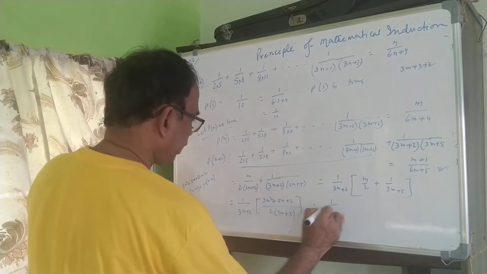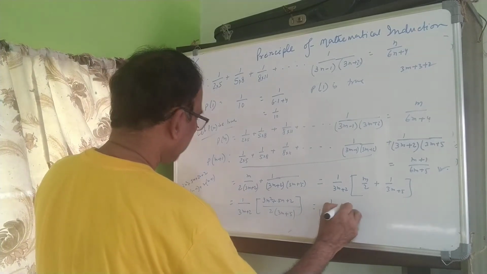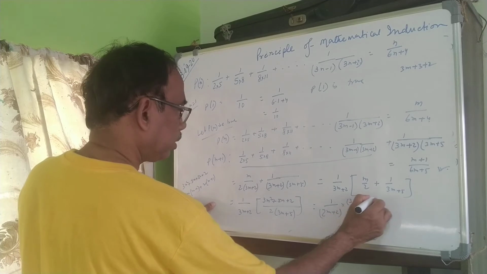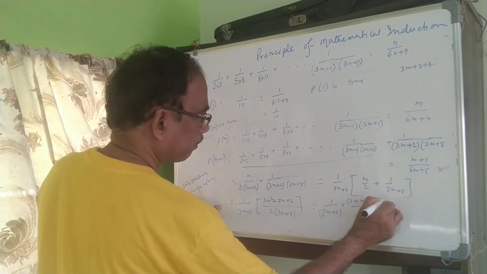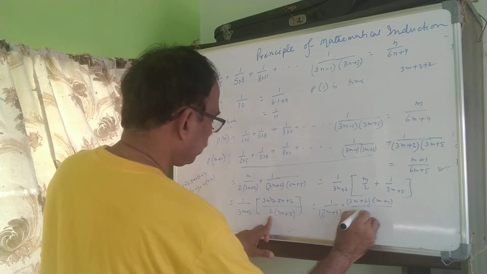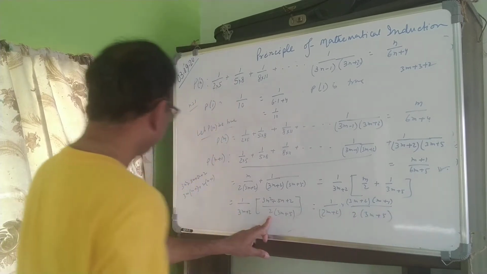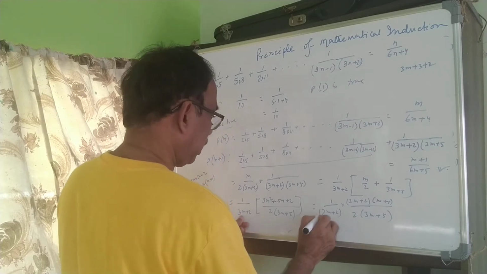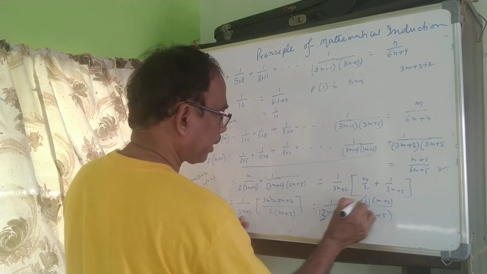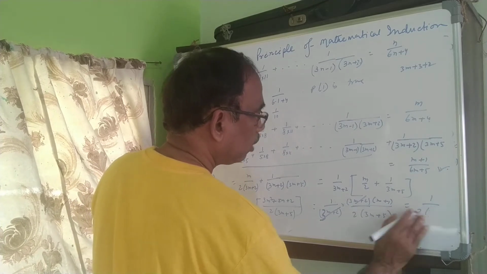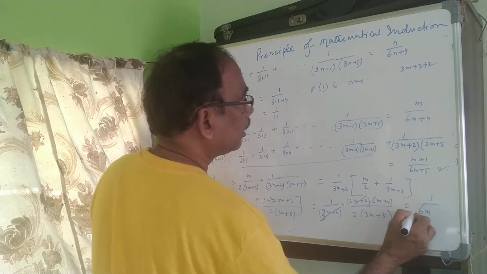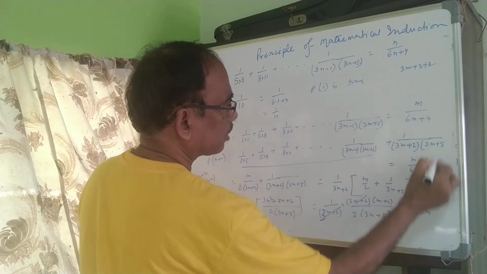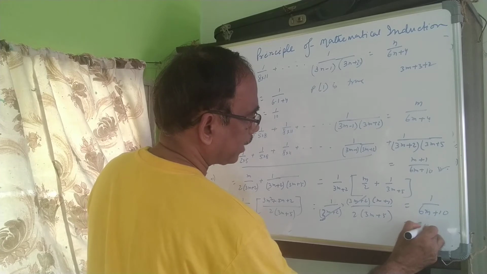We got 1 by 3m plus 2, into 3m plus 2 into m plus 1, by 2 into 3m plus 5. 3m plus 2 and 3m plus 2 cancel, that is 1 by 2 into, we can write 6m plus 10, this will be m plus 1 by 6m plus 10, that equals the right hand side.